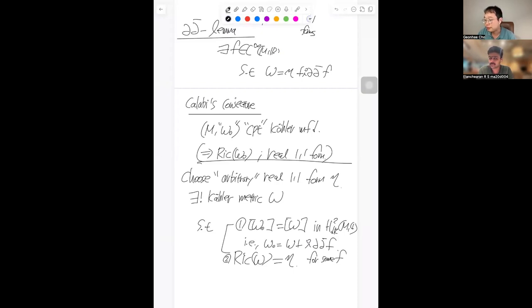And if we write out this condition, from a PDE perspective this just becomes a Monge-Ampère equation. So in order to find such an omega, we set up this equation, and this equation just becomes the Monge-Ampère equation. That's all. And it also satisfies certain conditions here. And the uniqueness is very easy.